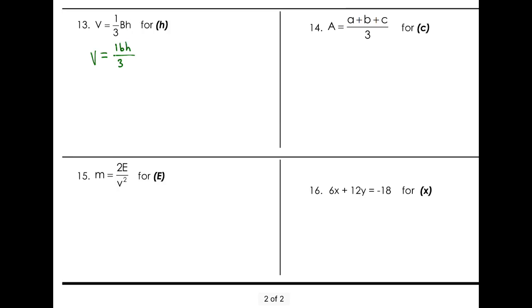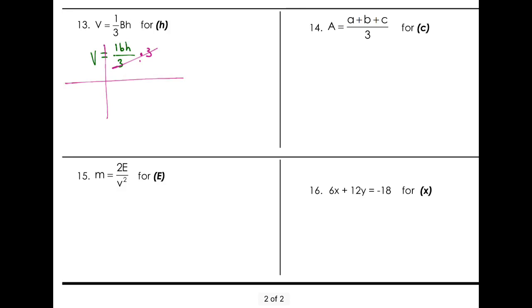And so we know if we want to get H by itself, or 1BH by itself, we can multiply to do the opposite of the divide by 3. Okay, and so let's do that. Multiply by 3. That cancels.